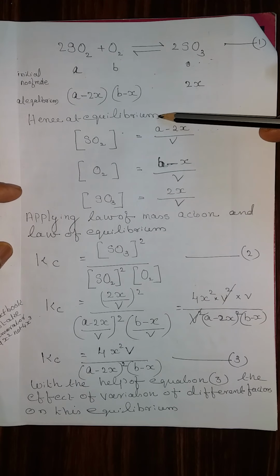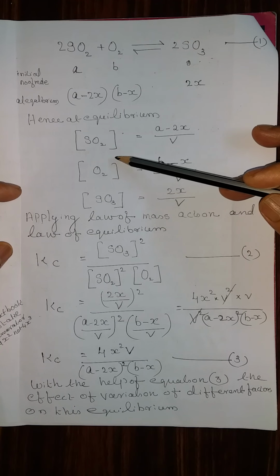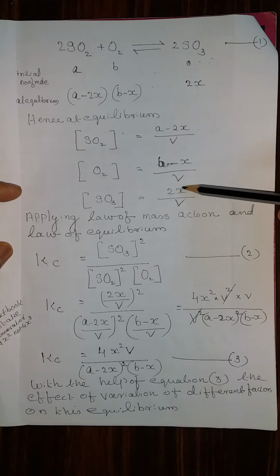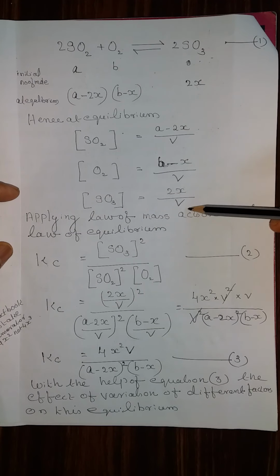Now, at equilibrium, the concentration of SO2 is (a − 2x)/V, concentration of oxygen is (b − x)/V, and concentration of SO3 is 2x/V.